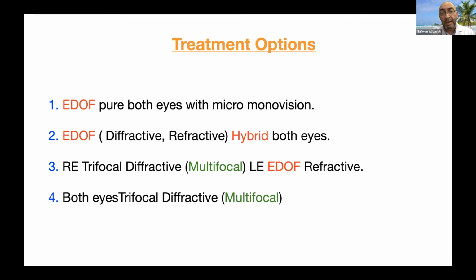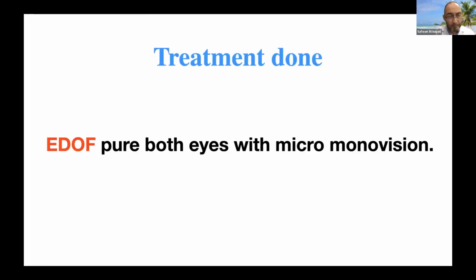Actually, I remembered what Yasin said. I selected the EDOF pure in both eyes with micro monovision. If in the discussion we have more time, we will discuss what micro monovision is.